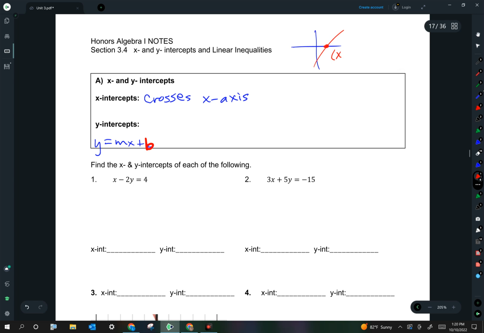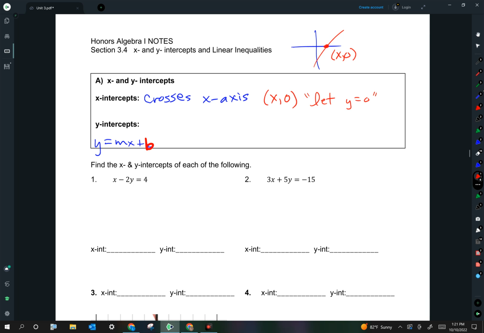Whatever the x number is, 2, 3, 5, whatever, won't the y coordinate be 0? If you're on the x-axis, isn't the y coordinate 0? So for the x-intercept, it's where the graph crosses the x-axis, but the more important thing to know is it's going to be some x comma 0 ordered pair. So anytime we want to find the x-intercept, we're going to let y equal 0. I'll show you what I mean when we come down to an example.